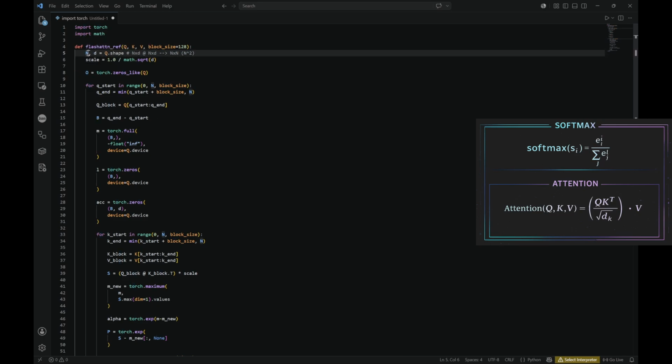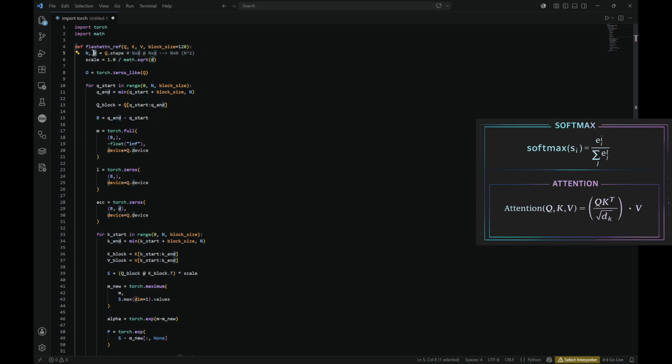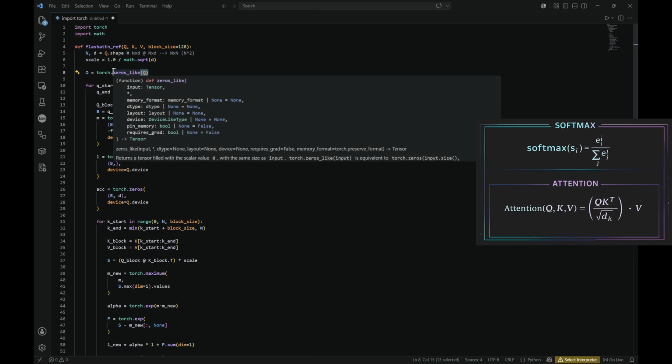N is the number of tokens available, or I guess input. D is the dimension of the attention head. And then O, the matrix O, stands for the output matrix. In case you're not familiar with the syntax, it's essentially saying create another matrix with the same shape as Q, but initialize all the elements in that matrix to be 0.